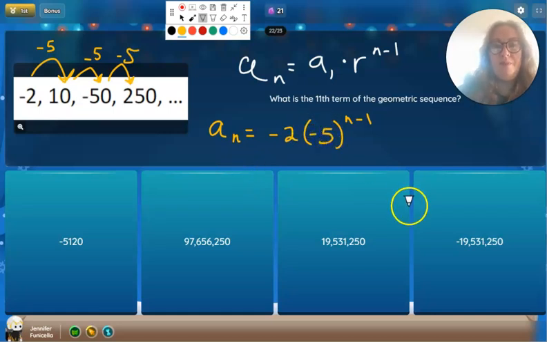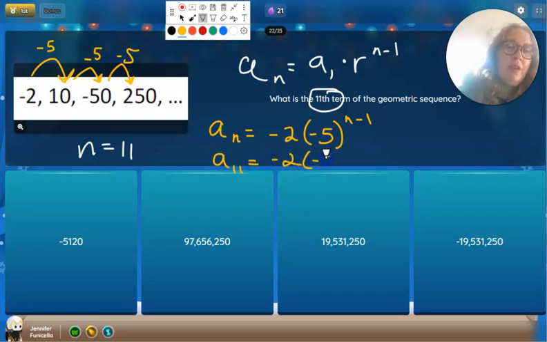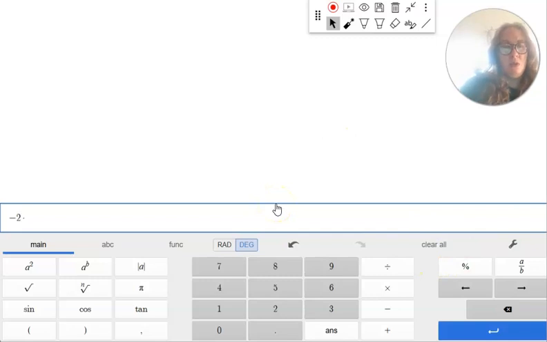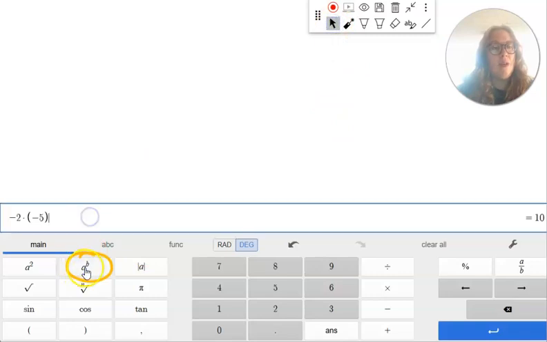So that does work. There's our formula, and we want to find the 11th term, right? So that means our n is 11. So we have a sub 11 is -2 times -5 to the 11 minus 1. So in our calculator, we have -2 times -5, and then you can hit this button, a to the b, to get your exponent, and that was 11 minus 1.